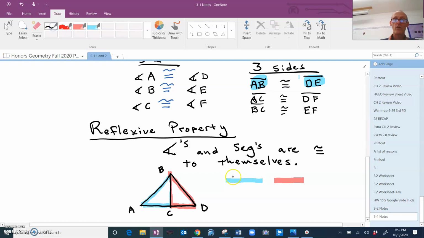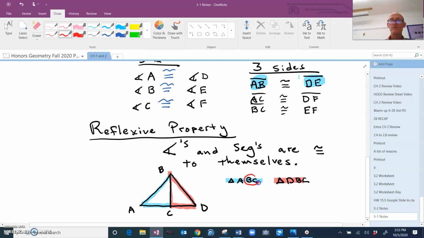The first triangle I'm going to call triangle ABC. And then the second triangle I'm going to call triangle DBC. What you should notice is that BC and BC are part of both triangles. So BC is the reflexive side.